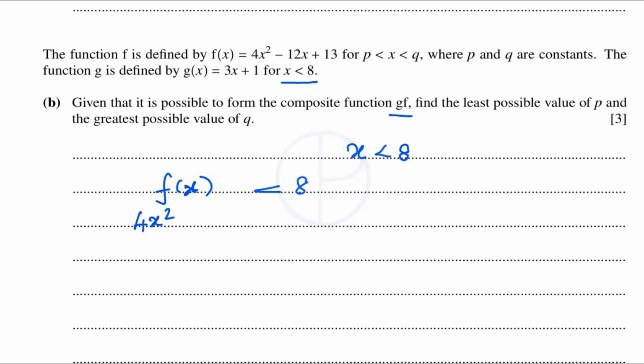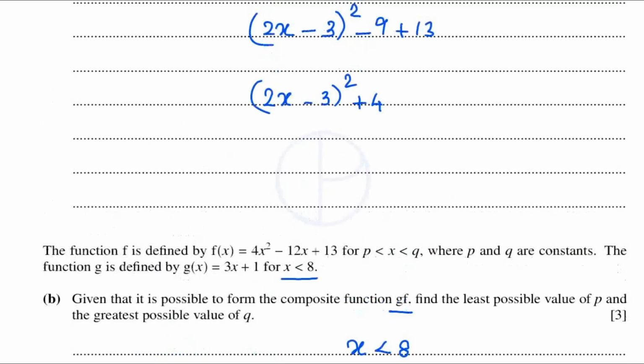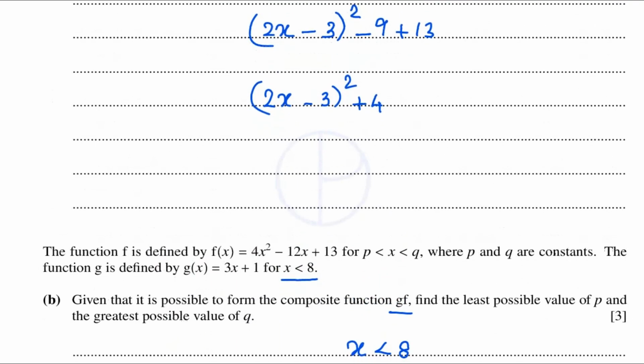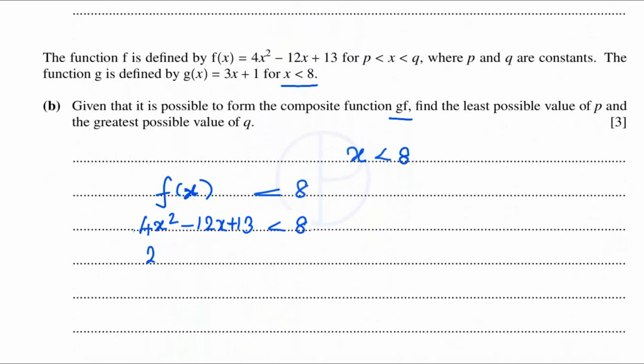So 4x squared minus 12x plus 13 is less than 8. 4x squared minus 12x plus 13 can be written as (2x minus 3) the whole squared plus 4, and this is less than 8.